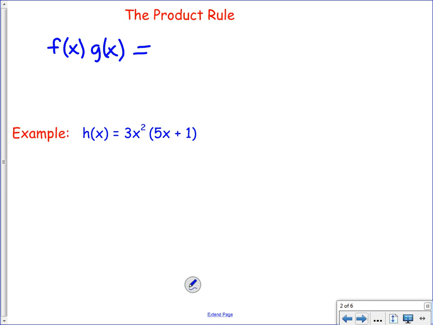And it works like this. It's f of x times g prime of x plus g of x times f prime of x. Okay, so that's the product rule formula.